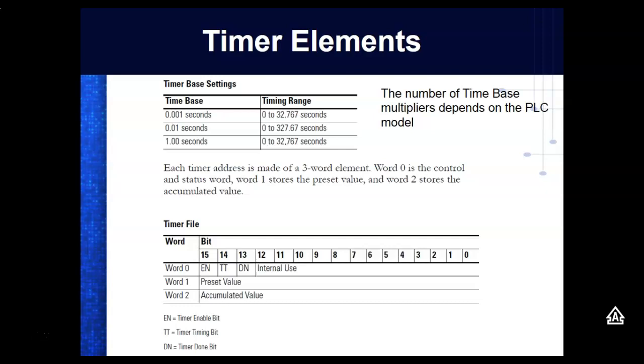They call it a word element. It's got three word elements. They don't use registers because registers are inside the processor. This book misuses that term all the time. So these are the three word registers. So every timer that we set up occupies three words of memory.